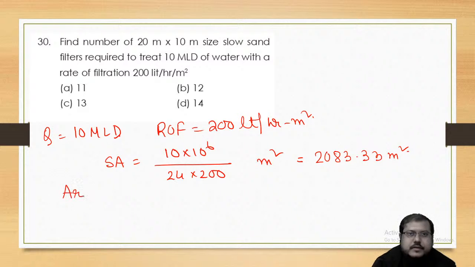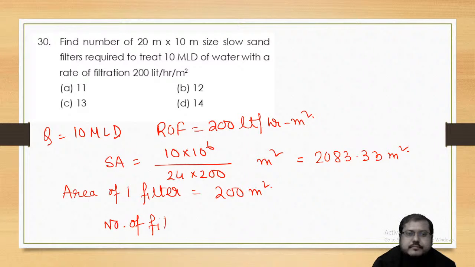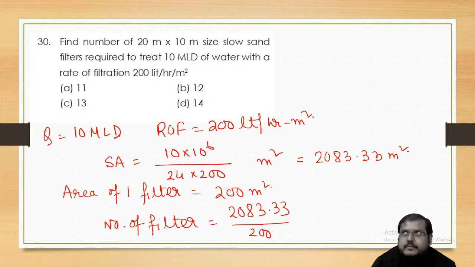Area of one filter, it's 200 meter square. So number of filters is 2083.33 by 200.